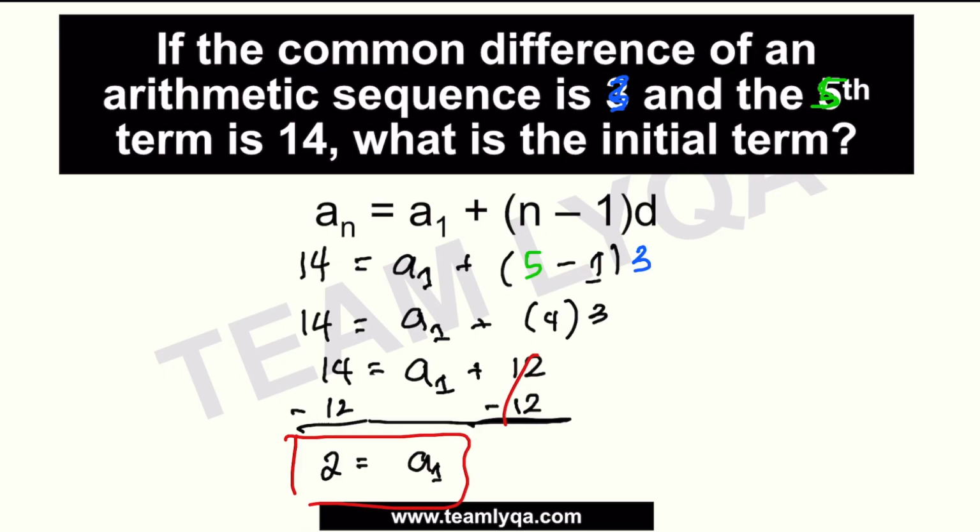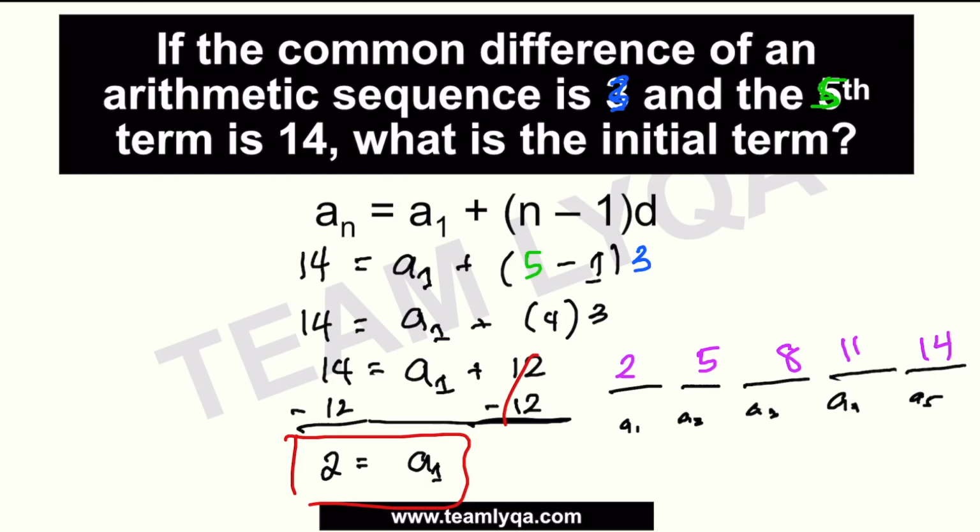Again, gusto natin i-check kung tama yung pagkakagamit natin. You have first term, second, third, fourth, and fifth. Kung ang ating first term ay 2, next would be 5, 8, 11, and 14. So, tama tayo dyan.